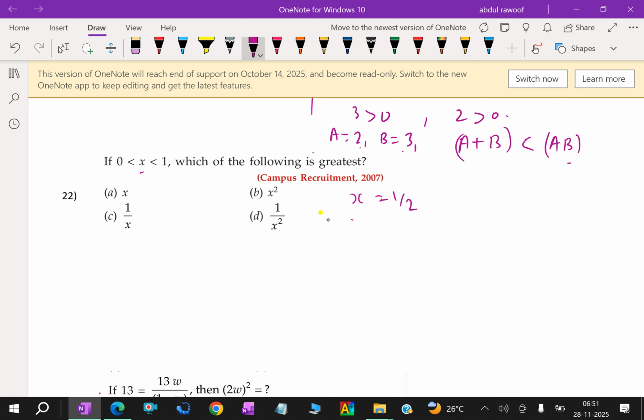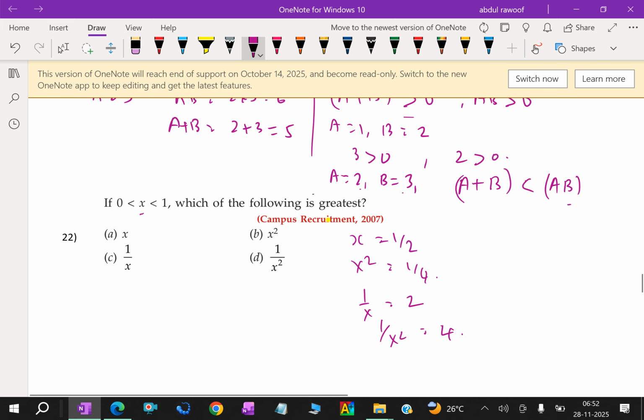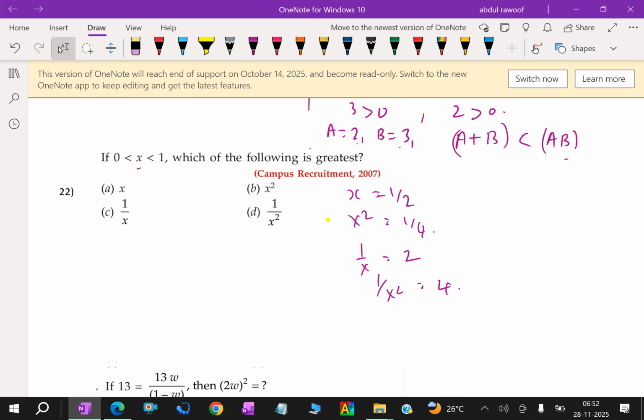The square is equal to 1 by 4. But x is half, x square is 1 by 4. Then what is 1 by x? 1 by x equal to 2, and 1 by x square is 4. So this is the greatest.